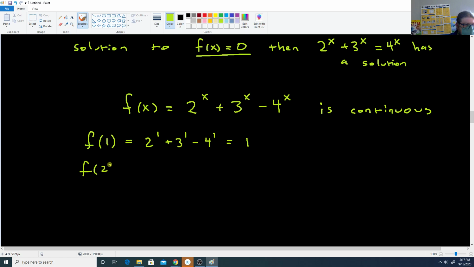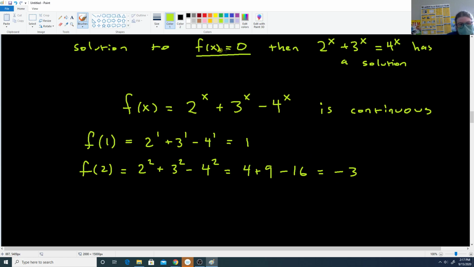F of 2 equals 2 squared plus 3 squared minus 4 squared, which is 4 plus 9 minus 16. 4 plus 9 is 13. 13 take away 16 is negative 3.